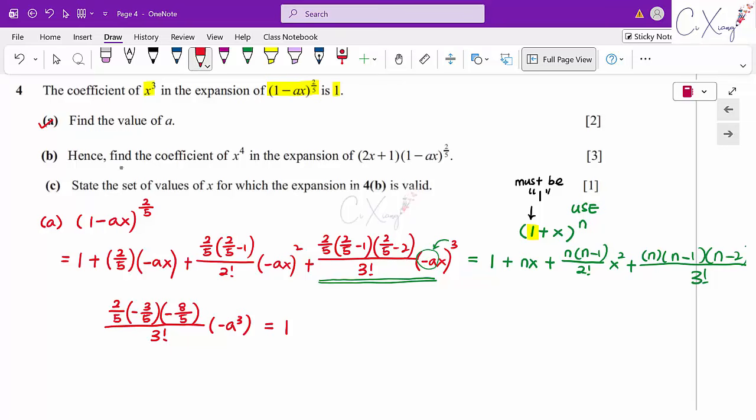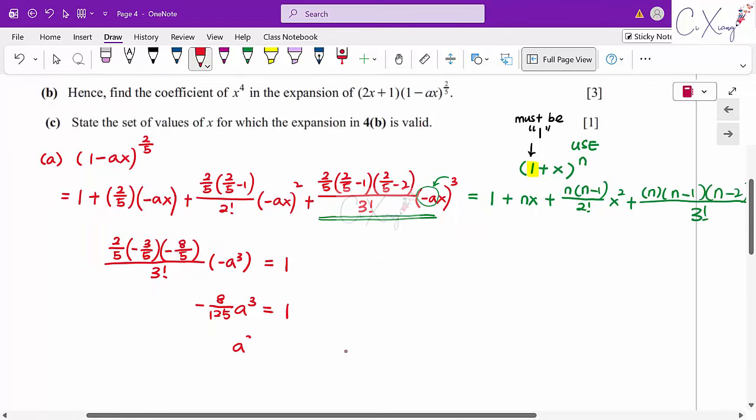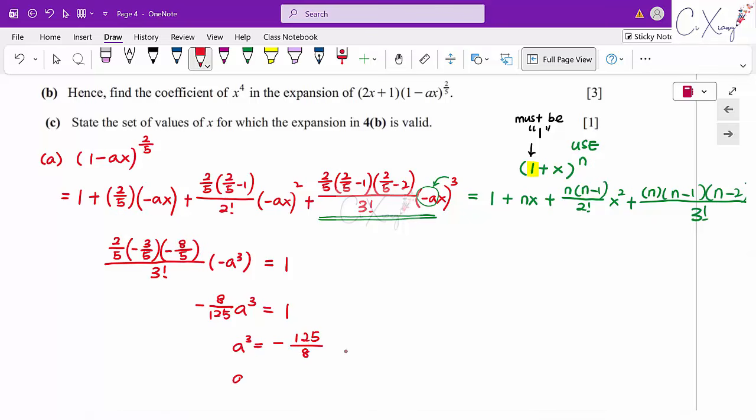So this whole coefficient should be equal to 1. Okay, so simplify the values here. When you simplify this value together with negative a power 3, you should be having negative 8 over 125 with a power 3 equals to 1. Okay, it also means that a power 3 is equal to the value of negative 125 over 8. Then to get the value of a, what should we do?